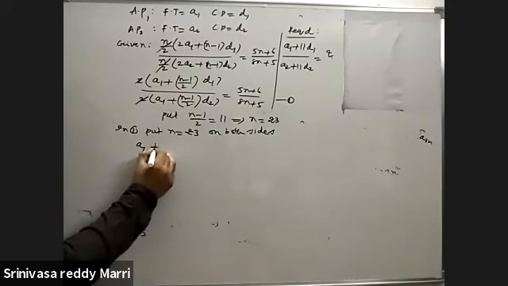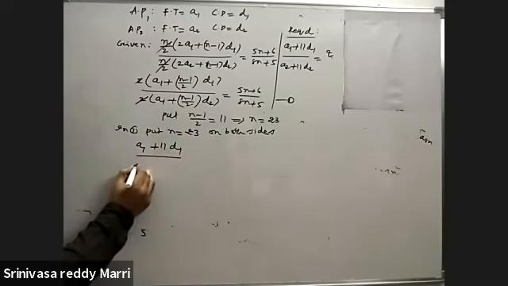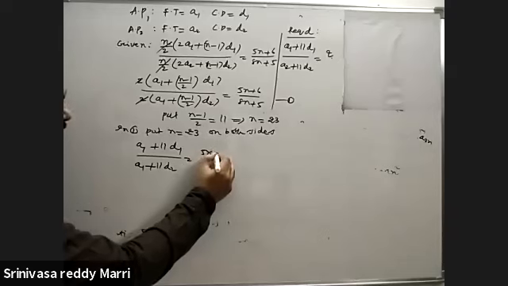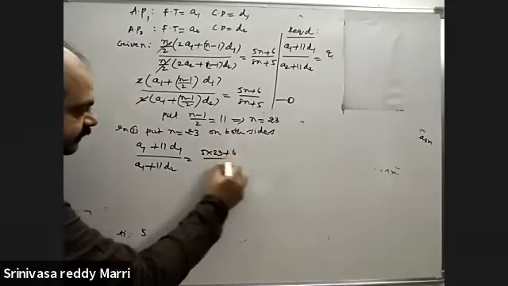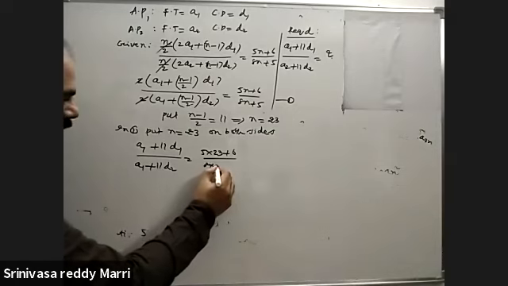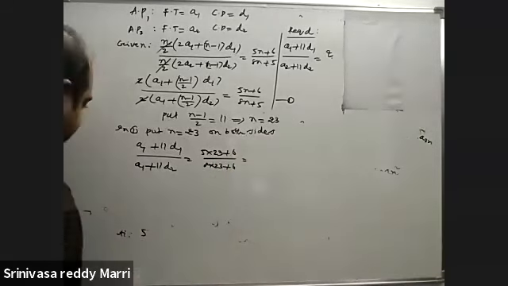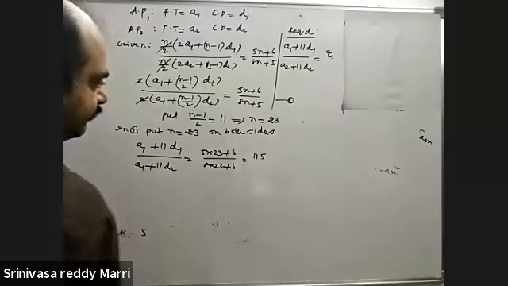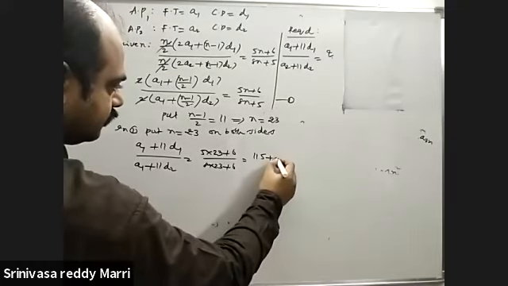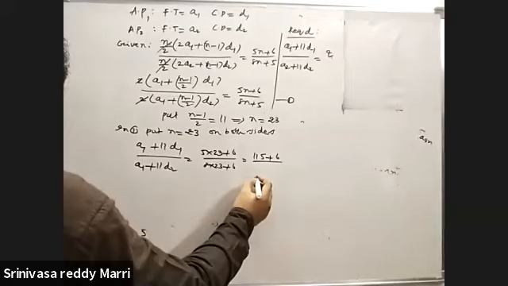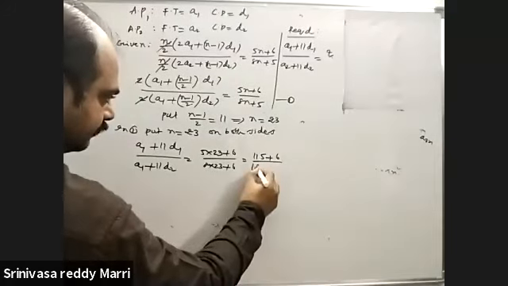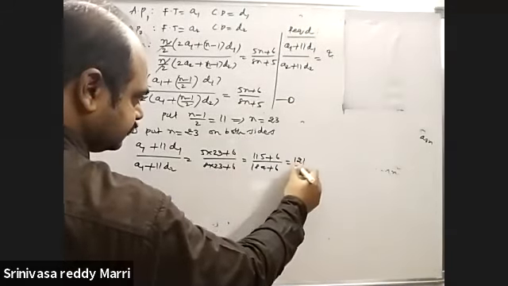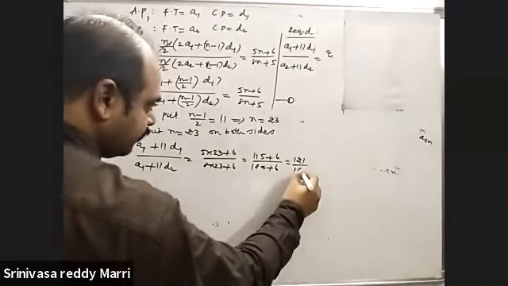A1, this is (23 minus 1) divided by 11, D1 divided by 11, D2 equal to, here substitute, so 5 into 23 plus 6 divided by 8 into 23 plus 6. So that means this is 115 plus 6 divided by 184 plus 6. That means this is 121 divided by 190.